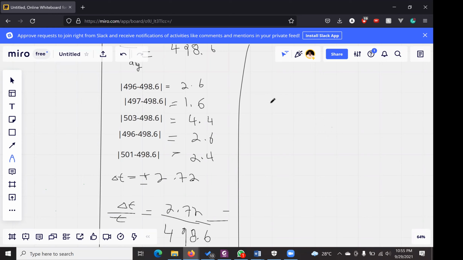All right. Where are we now? Value of g. This requires me to know how to calculate gravity.